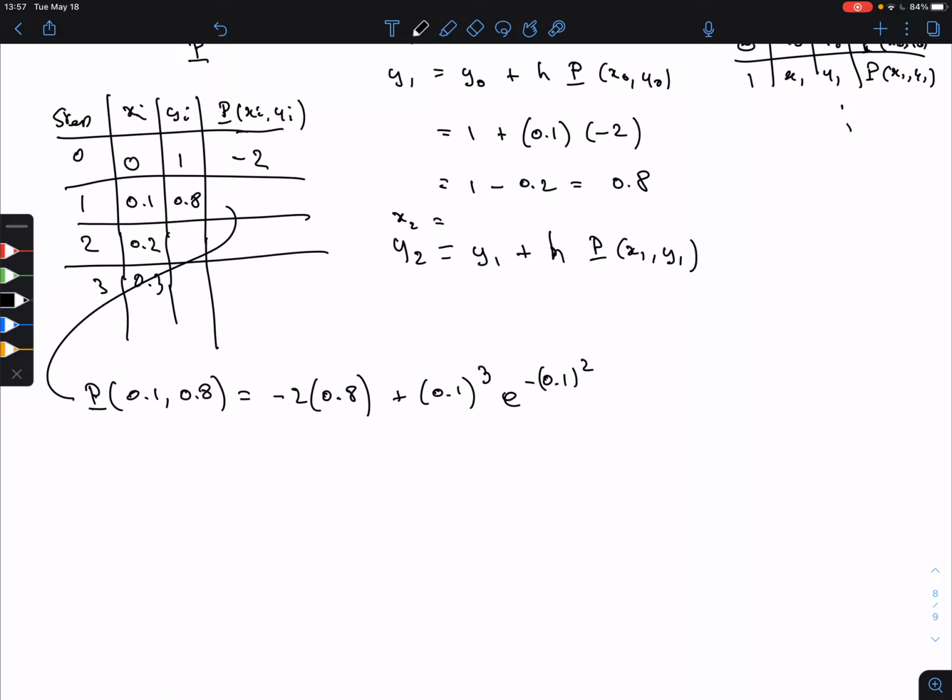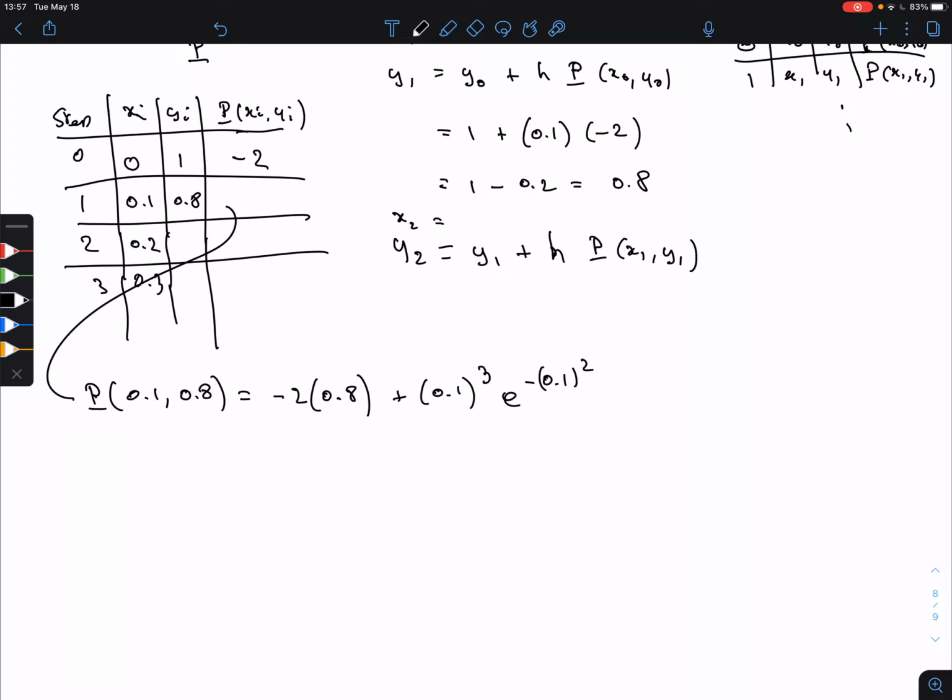It's a bit easier if I do it minus 2, 0.8, close the parentheses, plus... I'm sorry, I should have done this separately, and now let me go here.